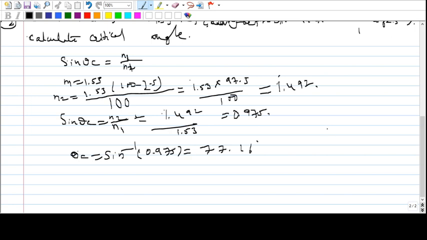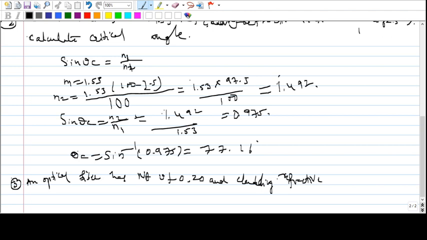Next, third problem. An optical fiber has a numerical aperture of 0.20 and cladding refractive index of 1.59.